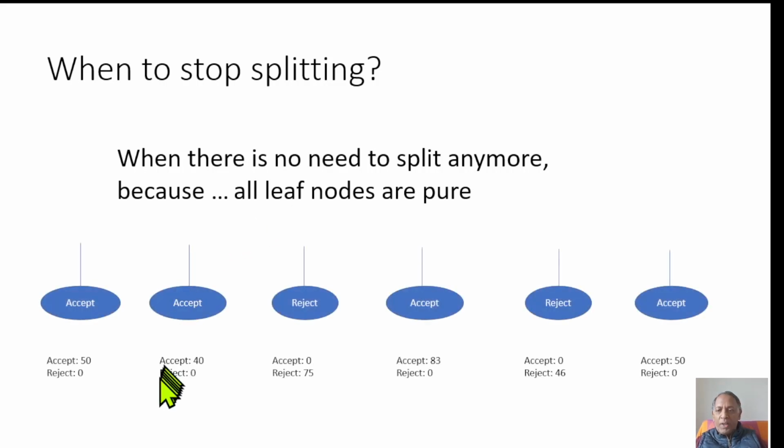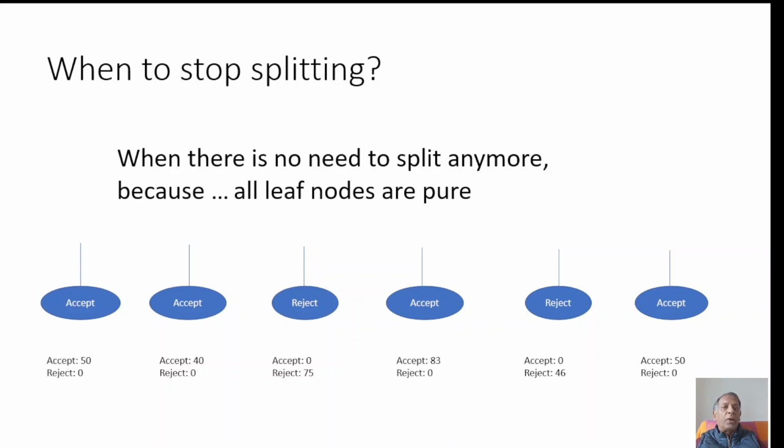Here's an example of that. Let's say in some tree at some point you reached this level where there were 50 cases here, all of them accept, 40 all accept, 75 all reject. Notice that each one of these nodes is pure. It's got cases with only one target attribute value.